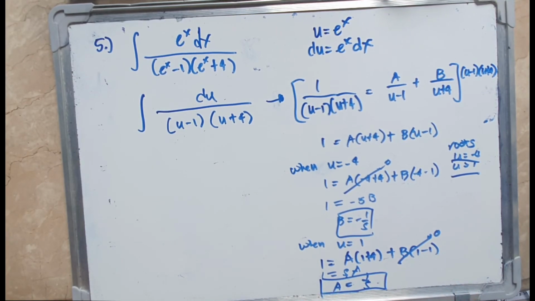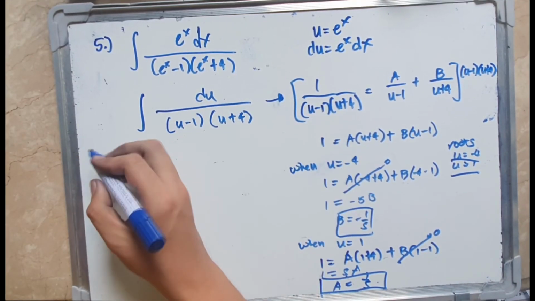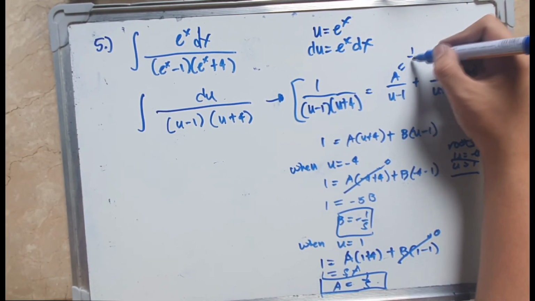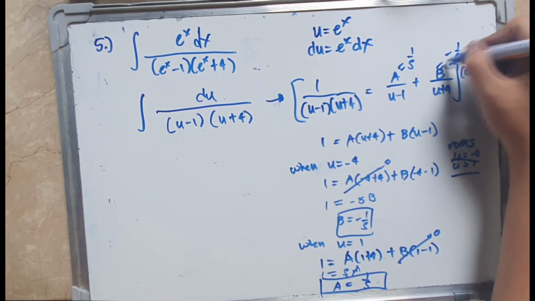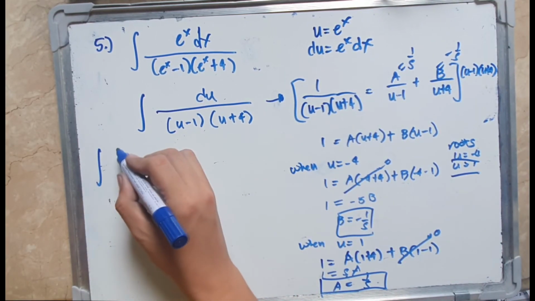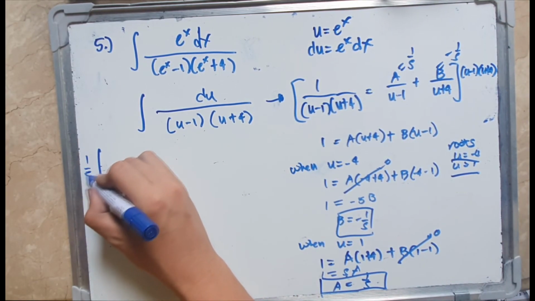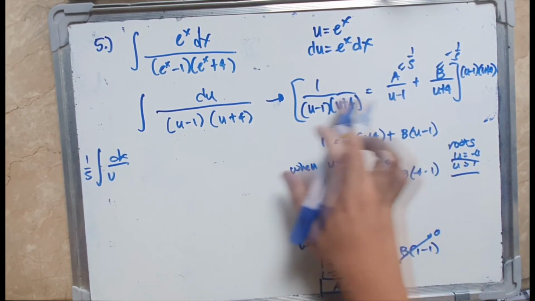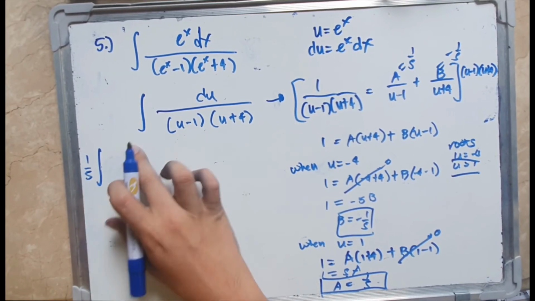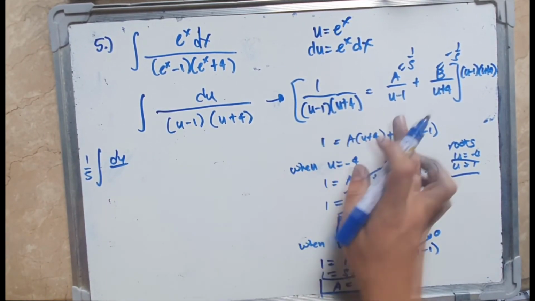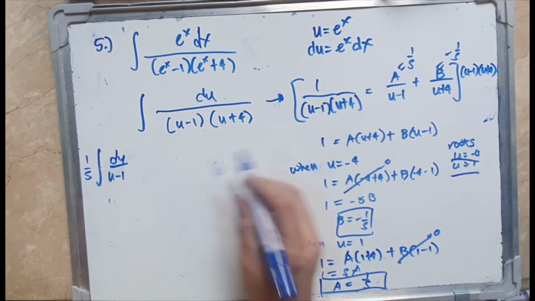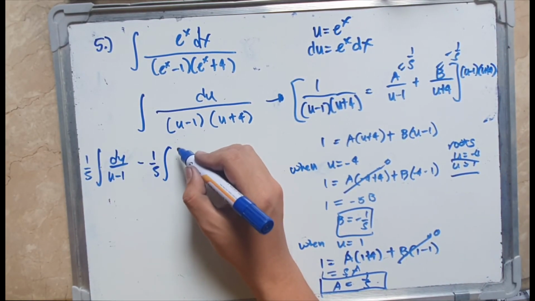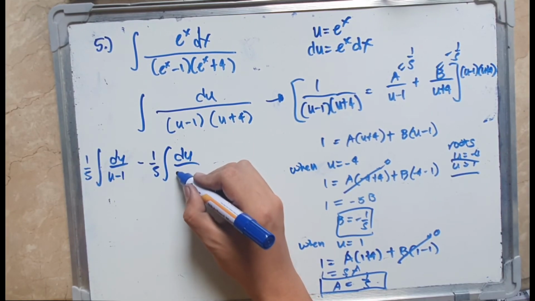Okay, so this will be equivalent to the decomposed form, a as 1/5 and b as -1/5. So integral of 1/5 dx, which is no longer dx, it's du, over u minus 1, minus 1/5 integral of du over u plus 4.